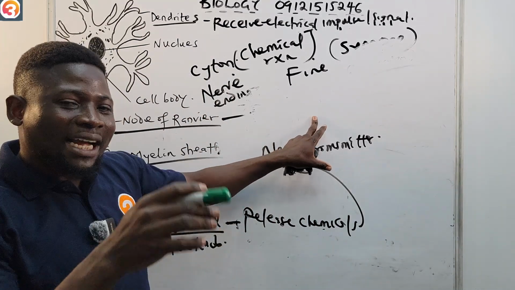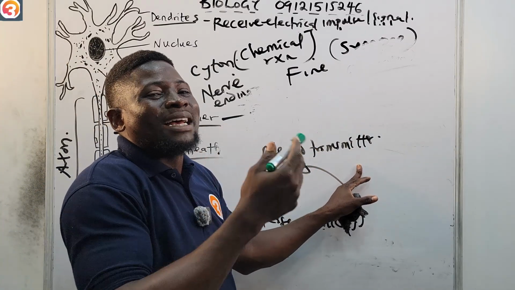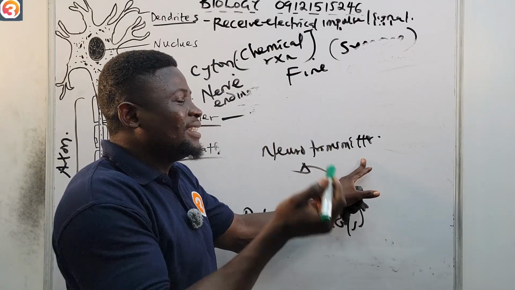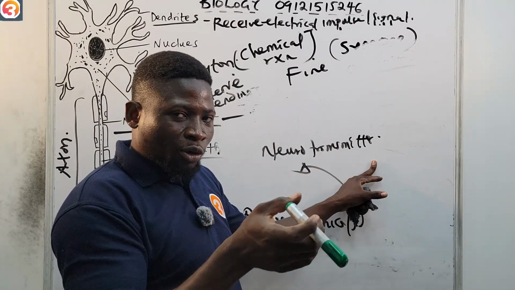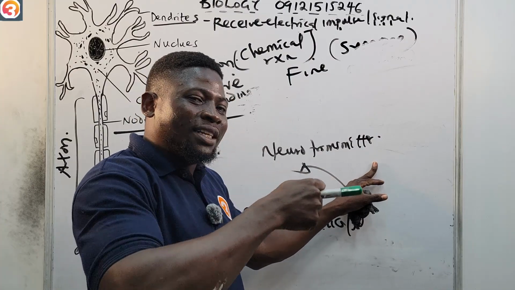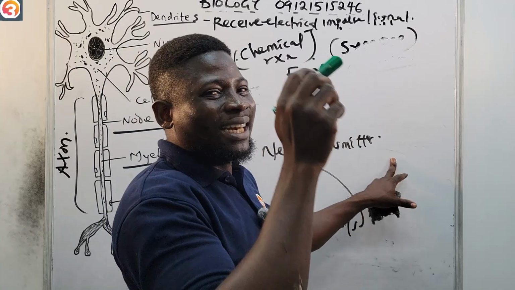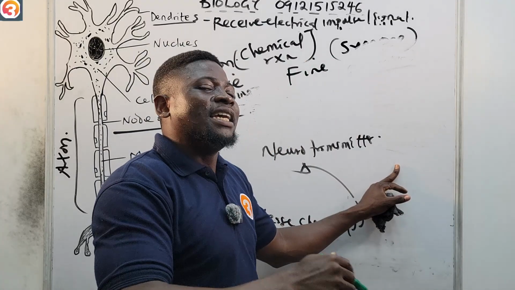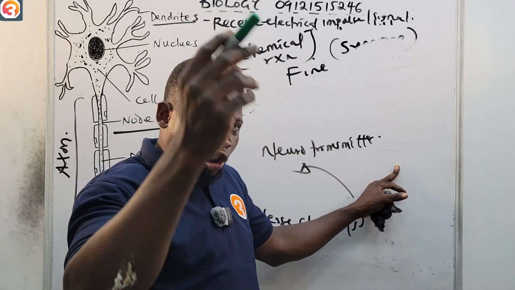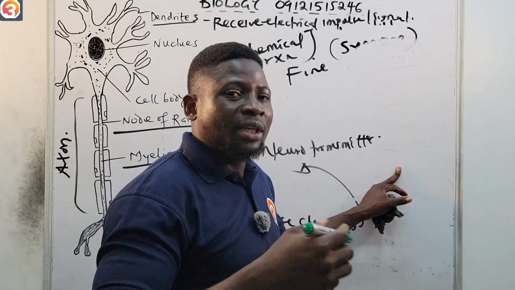It is this chemical that is now passed on to the dendrite of the next neuron. And as it goes to the dendrite, it will change from chemical back to electrical signal, and from there the process continues on and on again.